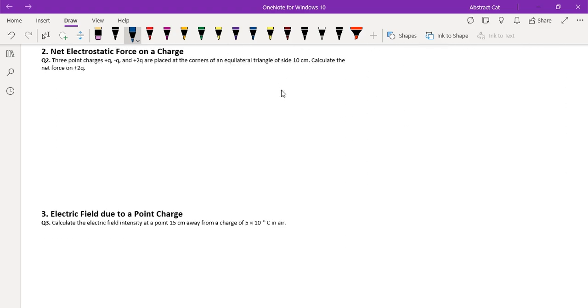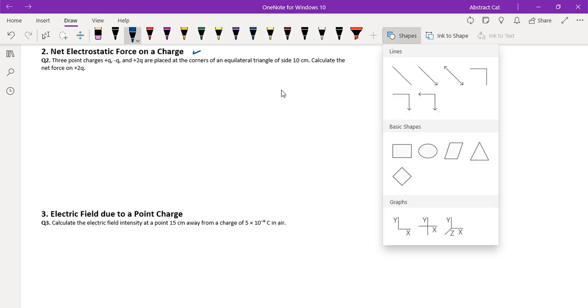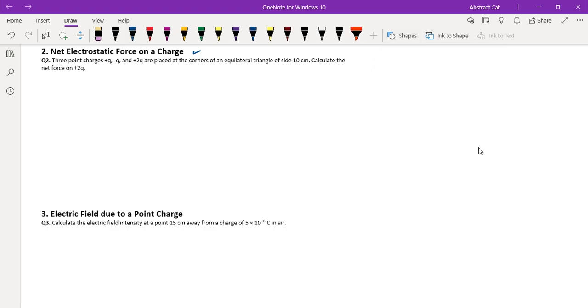The next numerical is the net electrostatic force on a charge. Three point charges plus Q, minus Q and plus 2Q are placed at the corners of an equilateral triangle whose side is 10 centimeter. So first we need a triangle. Here are the three charges: plus Q here, another charge minus Q, at the three corners, and here is plus 2Q.